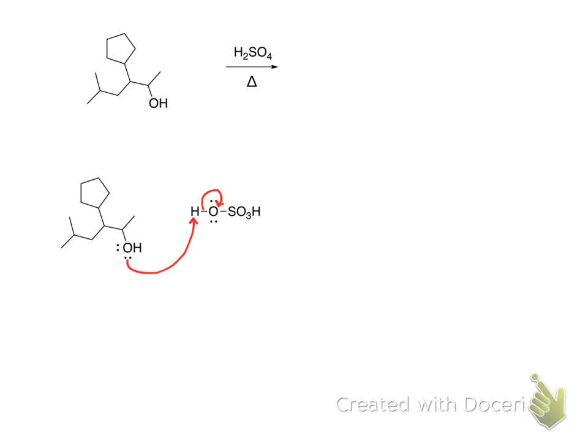This is going to be the first step for all 4 of these reactions that we're looking at. What will that leave us with? This, our protonated alcohol intermediate and bisulfate. It will be coming back later in the reaction, but for right now we're going to say bye bisulfate. It'll return eventually. So, what happens next?